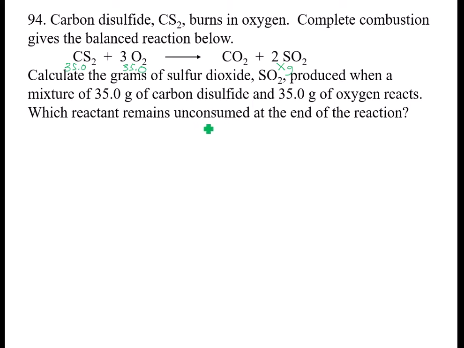So I have to do the same process that I did in the regular stoichiometry, but I've got to do it twice. I've got to figure out which one of these 2 items produces the least amount of sulfur dioxide. The other thing I'm going to need is the molar mass of carbon disulfide, and that's 76.16. Again, that's gotten the same way.